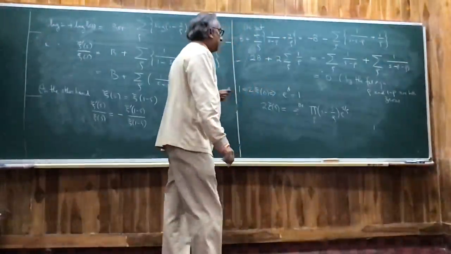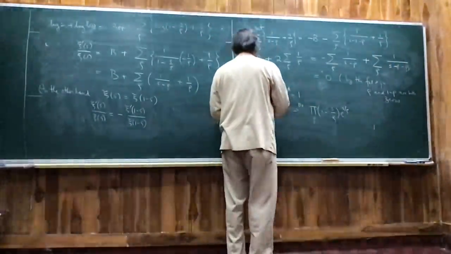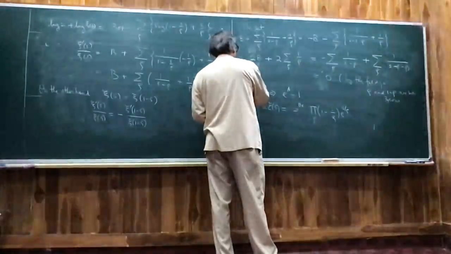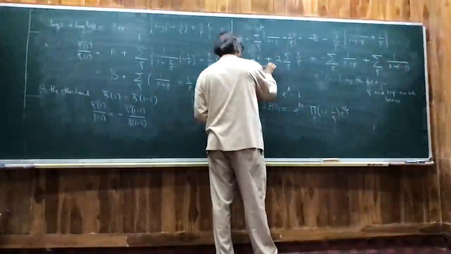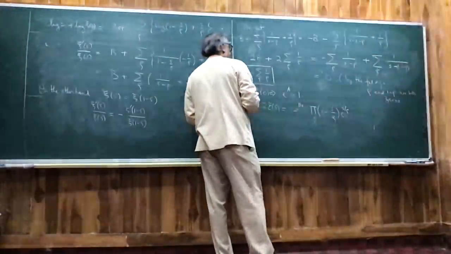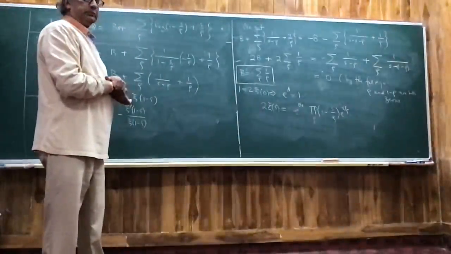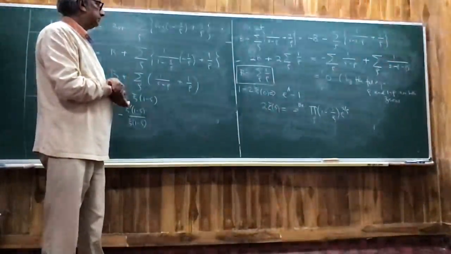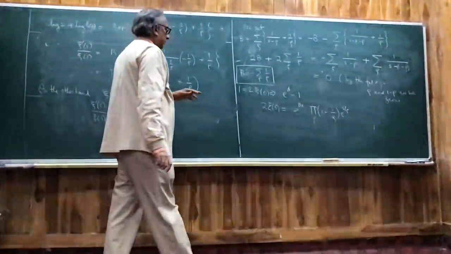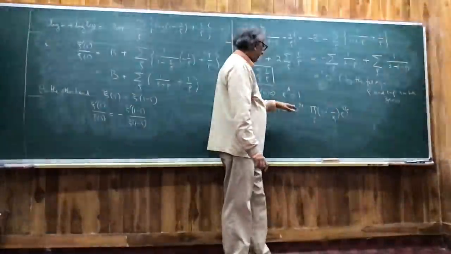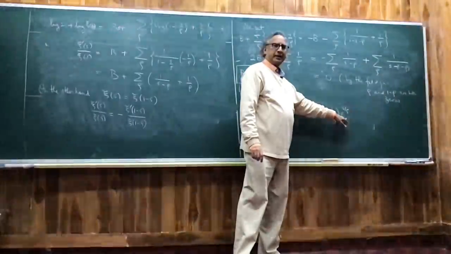So the B business here: B equals minus the summation over rho of 1 over rho. And now, because B is minus the sum of 1 over rho, I can use this B, and this gets cancelled.